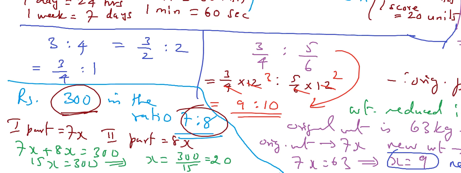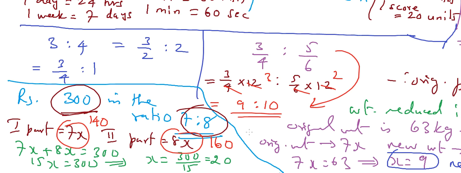Since we know the value of x now, we can find both parts. The first part is 7x, 7 into 20, that's rupees 140. The second part is 8x, 8 into 20, so 160. So the two parts are 140 rupees and 160 rupees. This gives a total of 300 rupees.